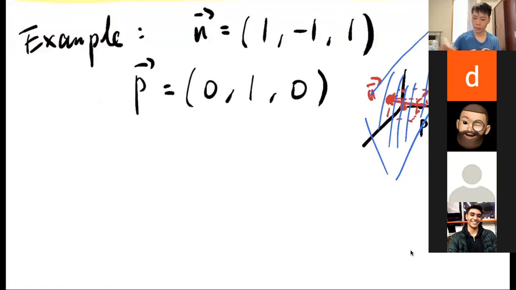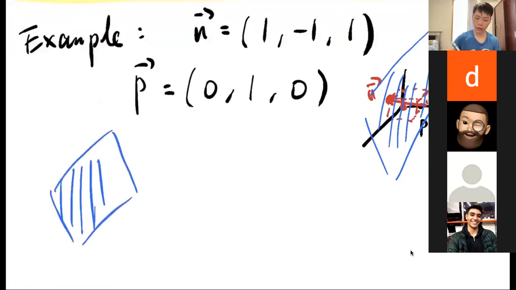So to sum it up, this is the plane that we want to formulate, where the point P lies in here and the normal vector is here. The normal vector sticks out of the plane to the left-hand side.